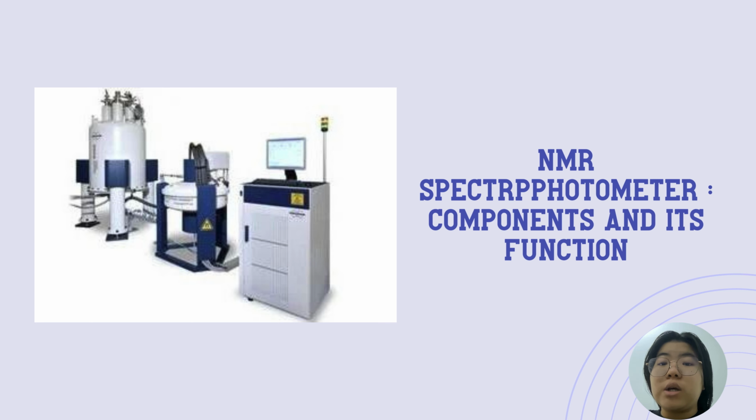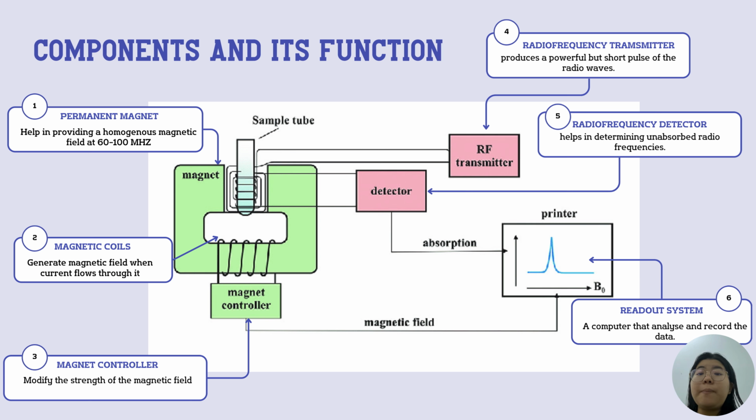Next, we're going to talk about the components in the NMR spectrophotometer and their functions. First, a permanent magnet, which helps provide a homogeneous magnetic field at 60 to 100 MHz. Second, the magnetic coil, which is used to generate the magnetic field when current flows through it. Third, a magnet controller, which is used to modify the strength of the magnetic field.